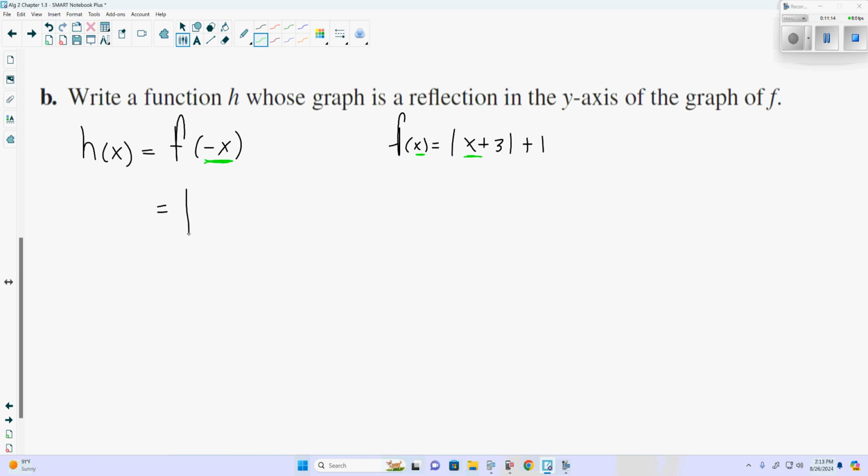So we have, in parentheses, negative x plus 3 plus 1. I'm not removing it, I'm just trying to make it look a little nicer. So we replace every x in f of x with negative x.